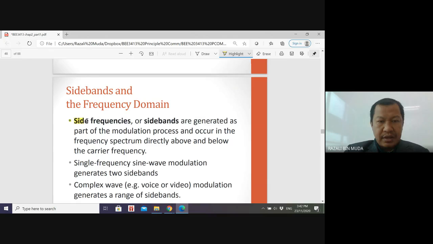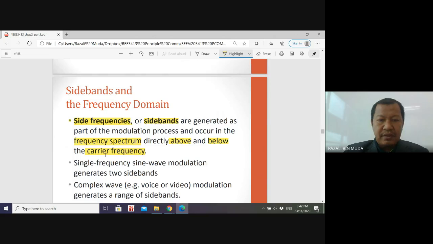So when you modulate the signal, the outputs are in terms of sidebands. Okay, and they occur in the frequency spectrum directly above and below the carrier frequency.